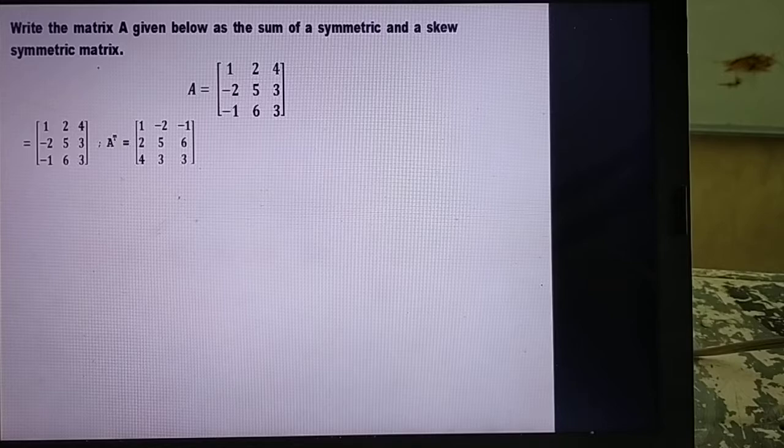So let us transpose the original matrix. The rows will become columns. So this row will be column 1, the second row will be column 2, and the third row will be column 3. Then let us add their elements.